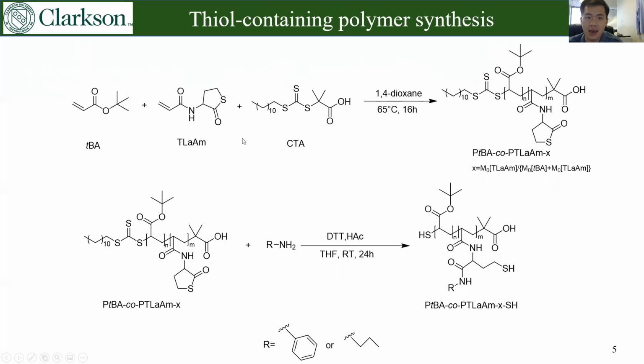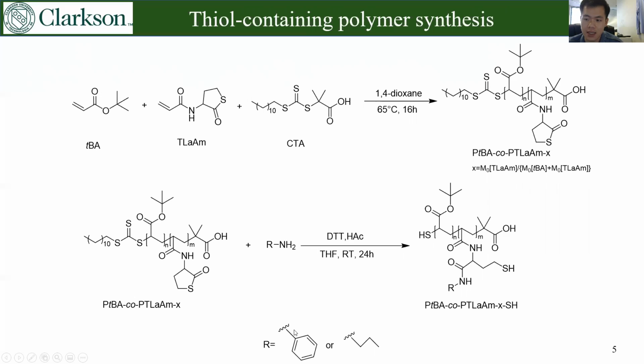In today's case, I'm going to use tert-butyl acrylate as the comonomer to copolymerize with thiolactone acrylamide, using RAFT polymerization, so we can get good control of the molecular weight. Here is the general reaction scheme. Once we get this copolymer, we can react it with a primary amine.